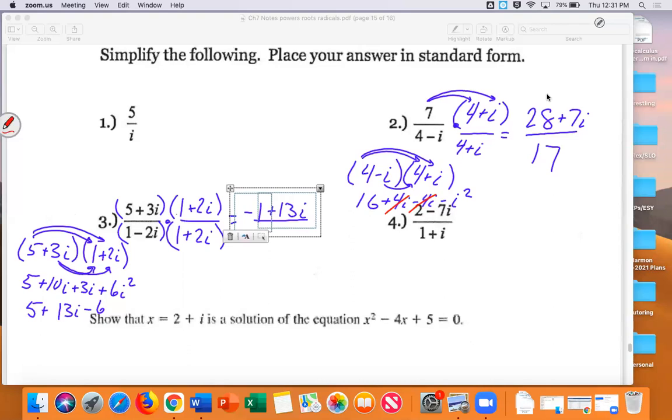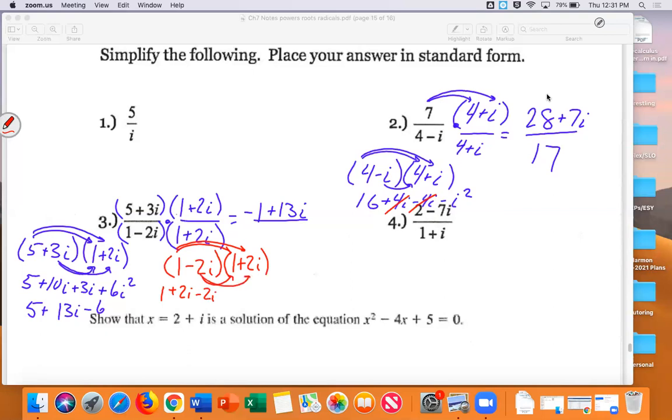All right, on bottom, we had 1 minus 2i times 1 plus 2i. We FOIL that out, we have 1 plus 2i minus 2i minus 4i squared. 2i and minus 2i, they cancel.